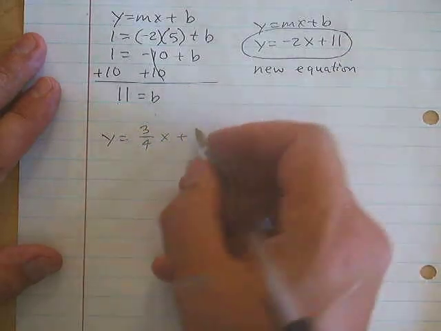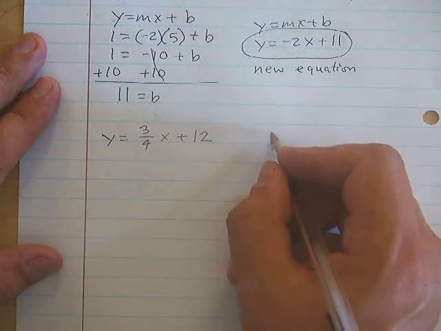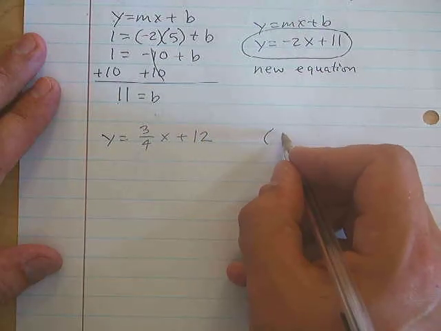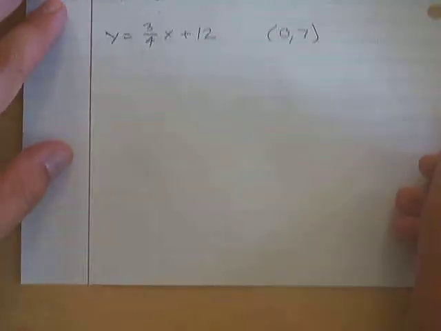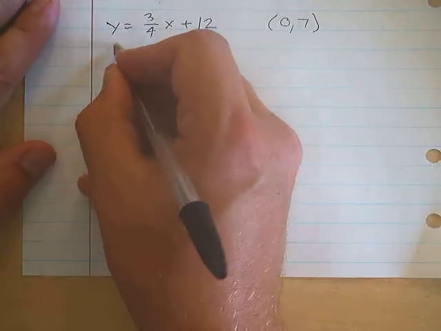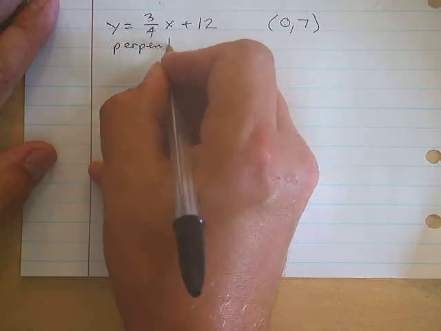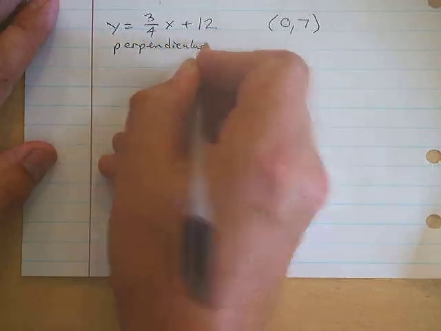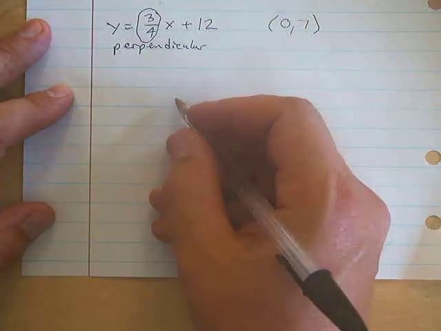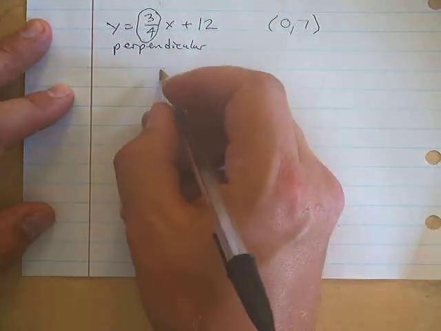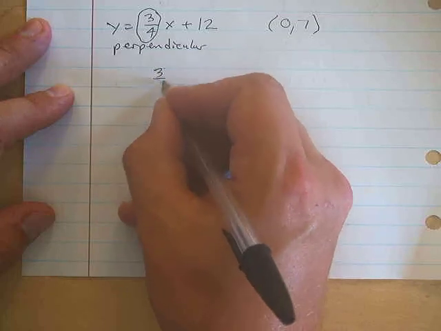Let's go y equals 3/4 x plus 12. And I want it to go through the point (0, 7). And I want to make this a perpendicular equation.